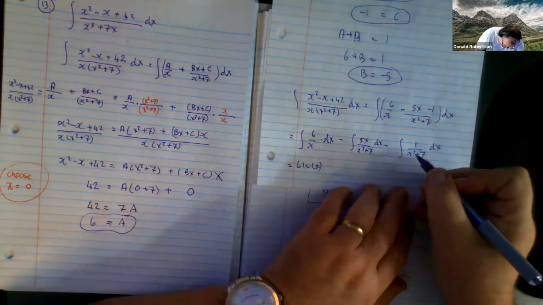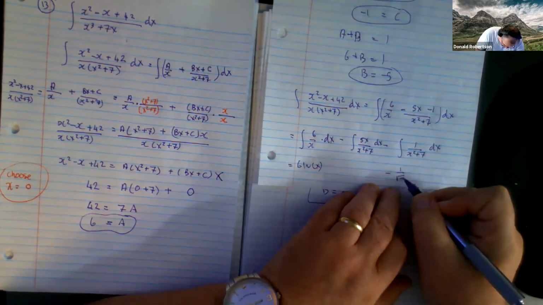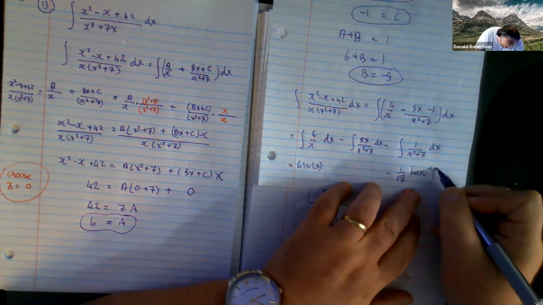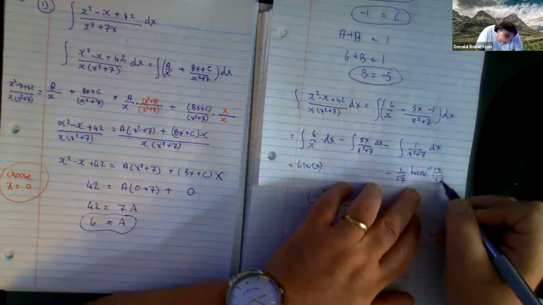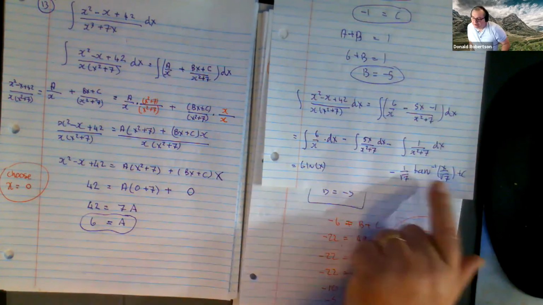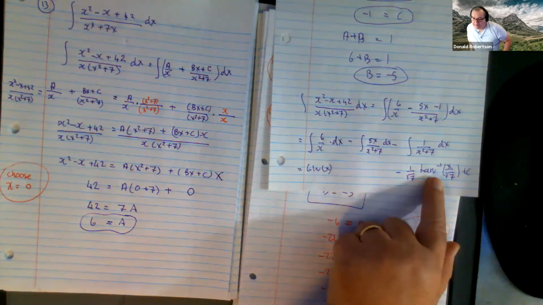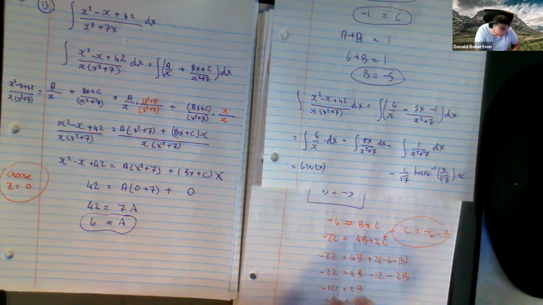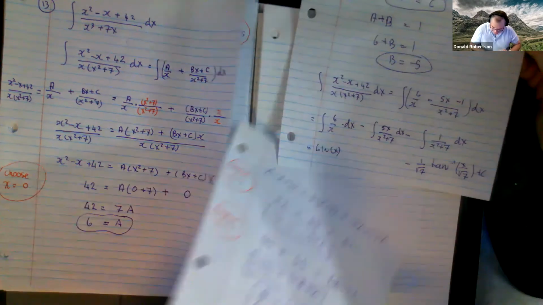This guy is 1 over √7 times the inverse tan of x over √7. If you remember yesterday, anything with x squared plus a number ends up being a version of the inverse tan. How are we going to do the middle 5x over x squared plus 7 guy?